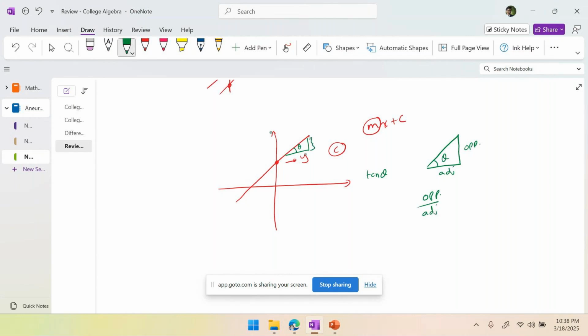So we need this length divided by this length. Getting the triangle anywhere on the line is okay as long as it is a straight line. So instead of picking some random position, just choose a right-angled triangle where you know the measurements. You will get this height and this length, divide them by each other, and you will get the slope, or basically the m value.